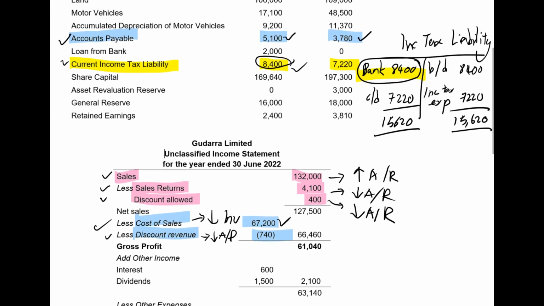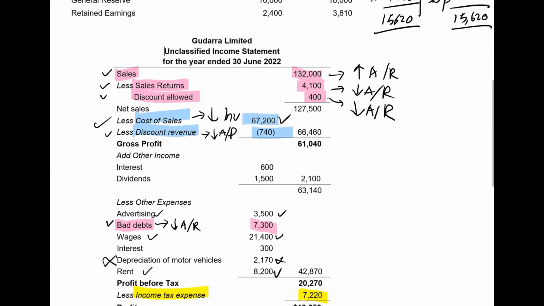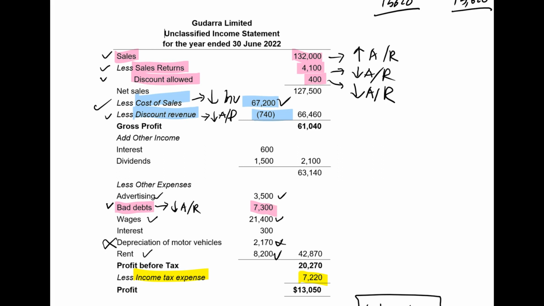For example, you need to look at your interest income and dividends income, because interest received and dividends received can be either in investing or operating. So in this question, I'm going to put it in operating activities. Interest that I earned this year is 600.